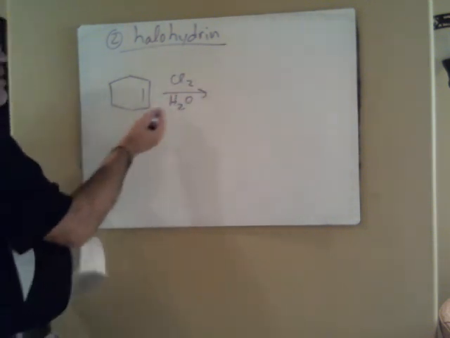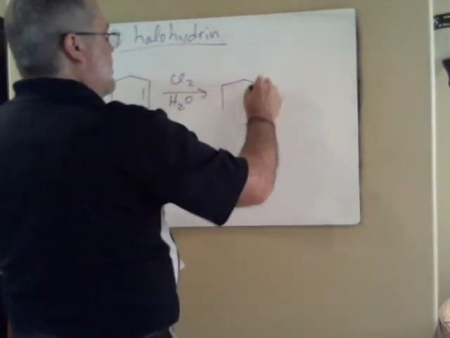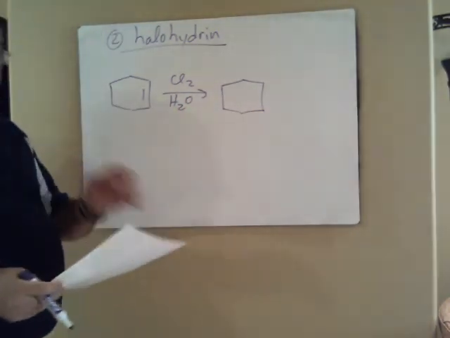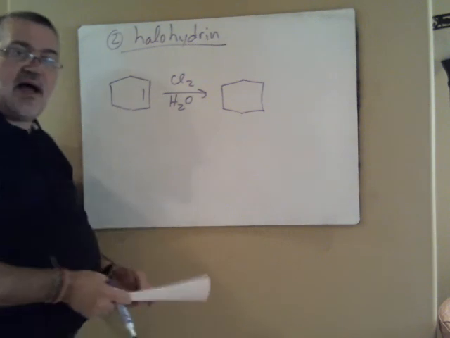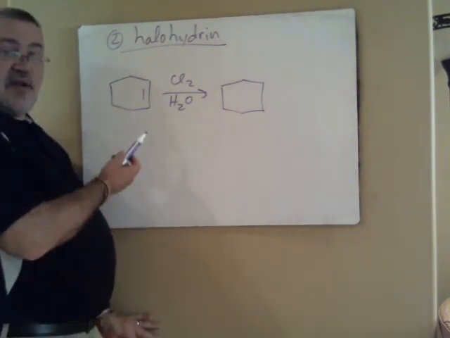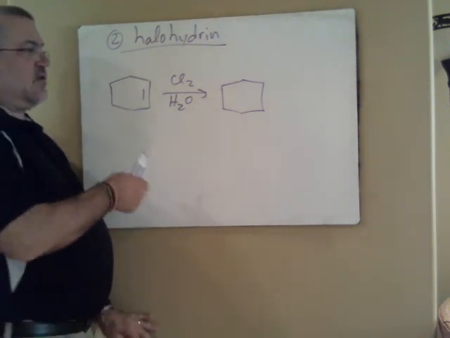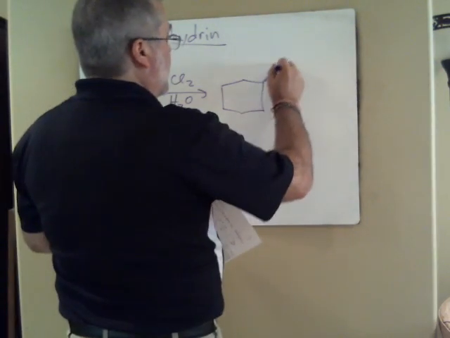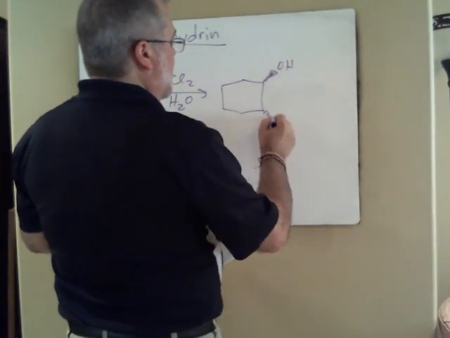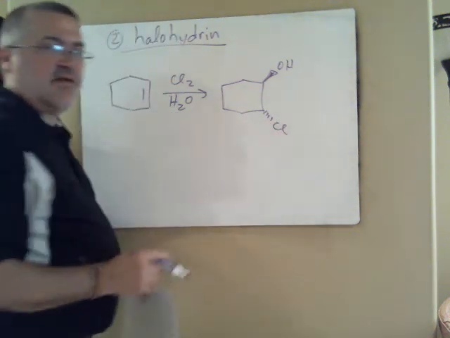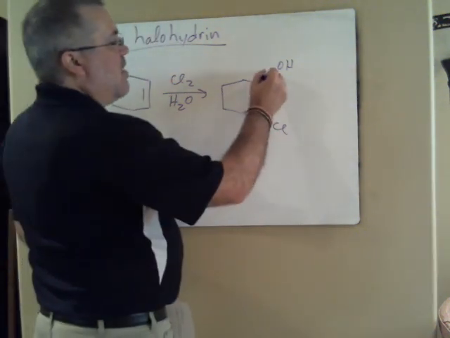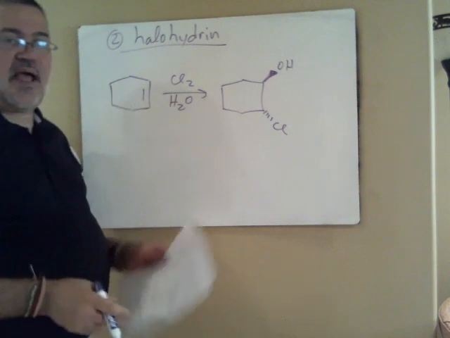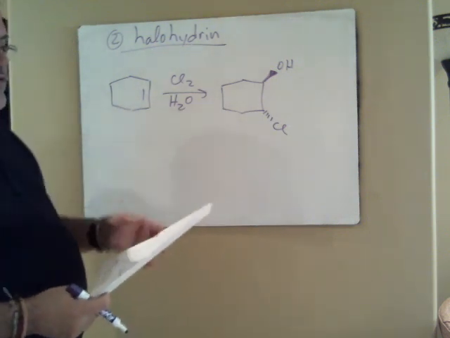So remember, if water was present, we actually added, first we formed the chlorinium ion, but then water came in as a nucleophile instead of the second chlorine. And because of that, we formed the halohydrin, and it was Markovnikov addition, and it was anti. So my OH and my Cl end up anti to each other, or trans.